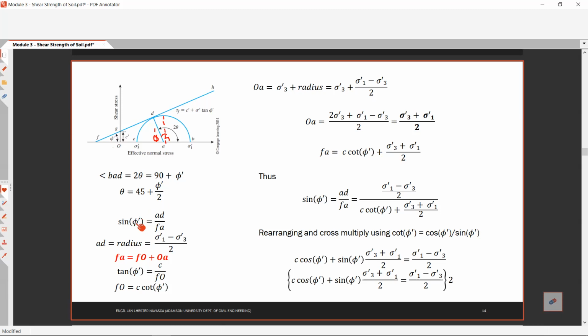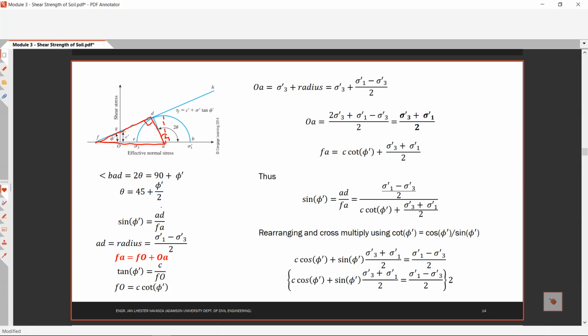Then sine phi prime is equal to AD over the line FA. Let's say we get this triangle. This is the 90 degrees. So sine phi prime is opposite over hypotenuse.